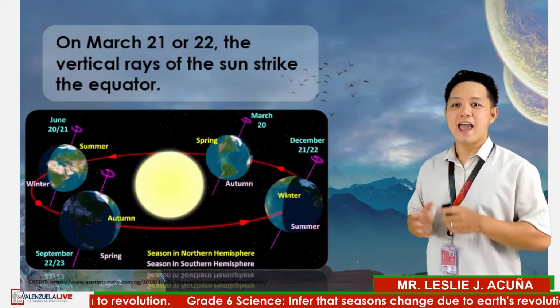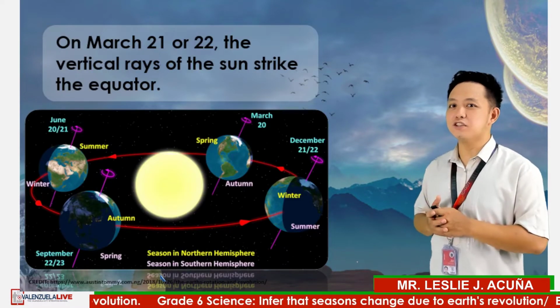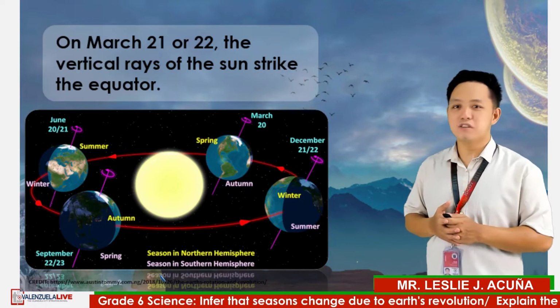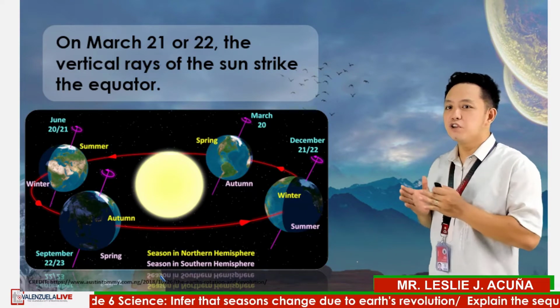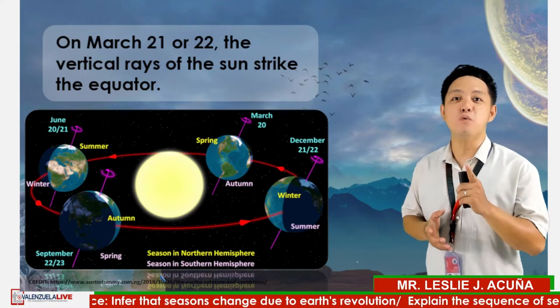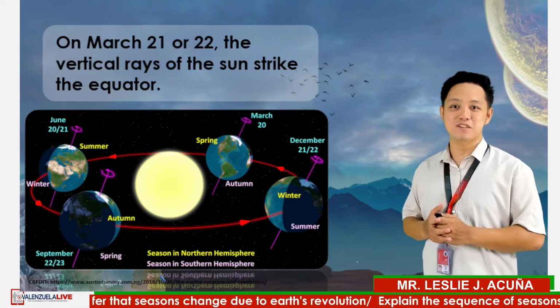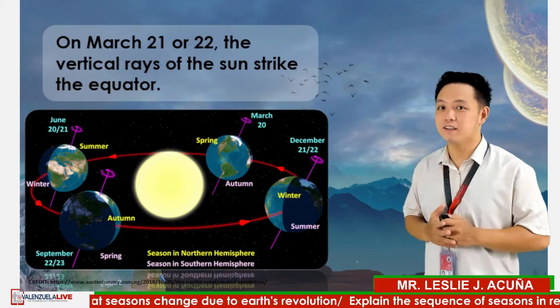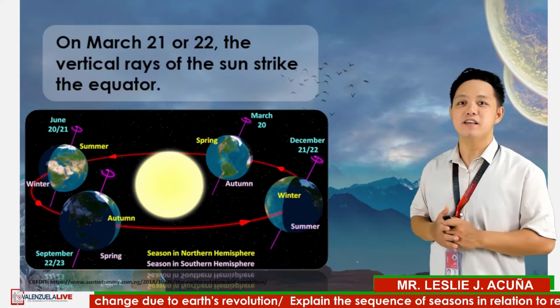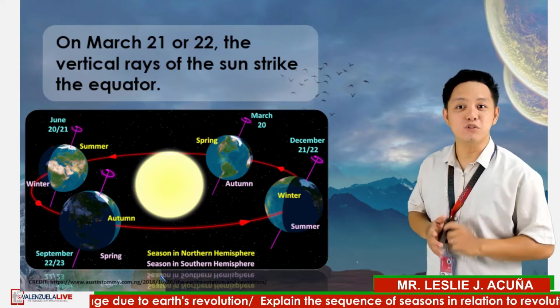Then, as the Earth continues its journey around the sun, the vertical rays move northward from the Tropic of Capricorn toward the equator. On March 21 or 22, the vertical rays of the sun strike the equator now.